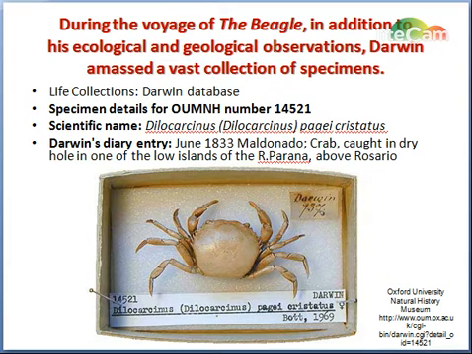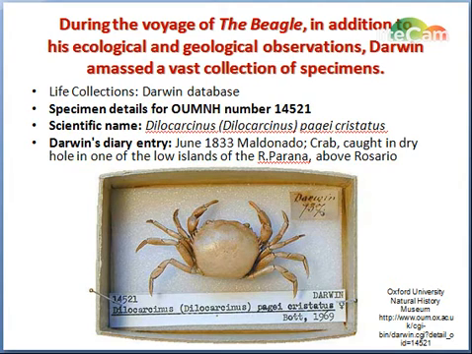The way that he went about collecting his evidence was during his voyage on the Beagle. He made a lot of ecological and geological observations, but a lot of his theory is founded on the vast collection of specimens that he amassed while traveling.